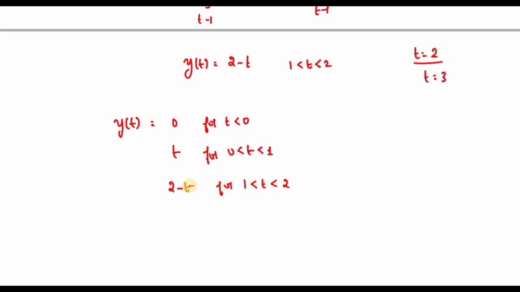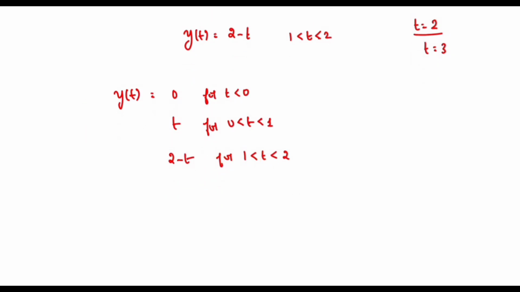Okay. So how to draw this one? So my y of t is equal to 0 for t less than 0. So for this entire part it is 0, and up to 1 it is t.